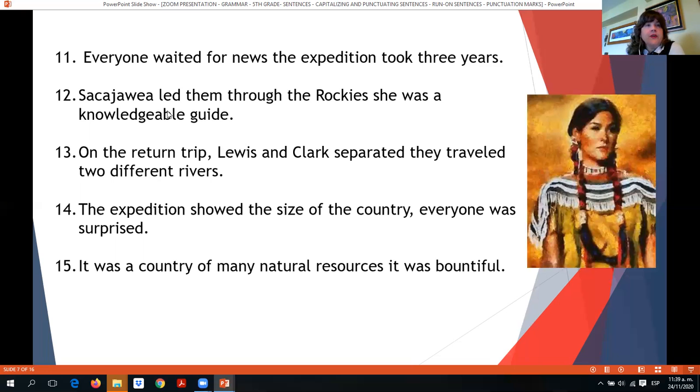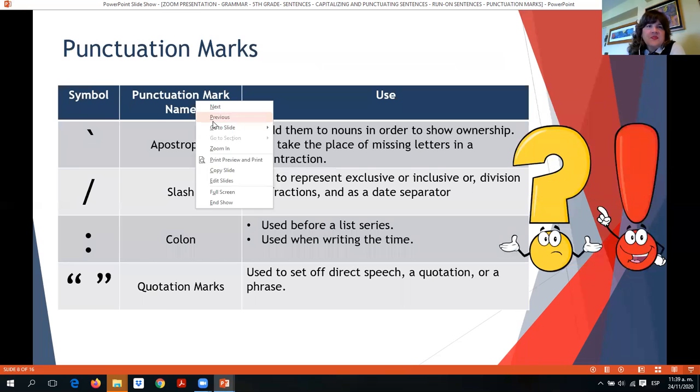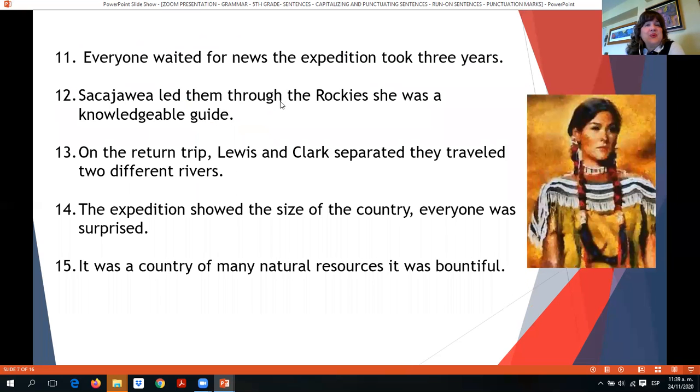Let's separate them first. Sakakawea led them through the Rockies, period, capitalize the S and say she was a knowledgeable guide, period, and then we have two sentences. Or you could say Sakakawea led them through the Rockies, comma, and she was a knowledgeable guide.